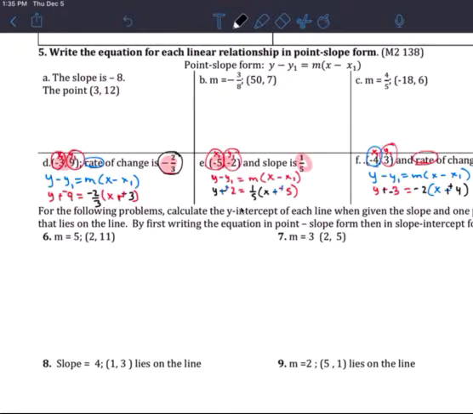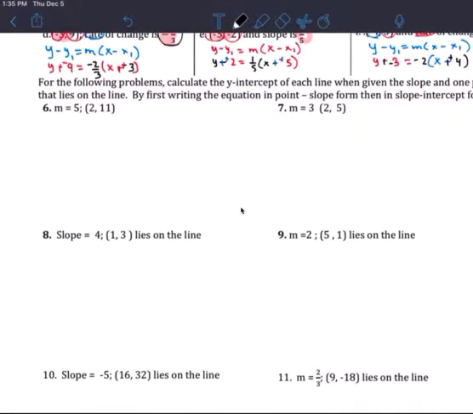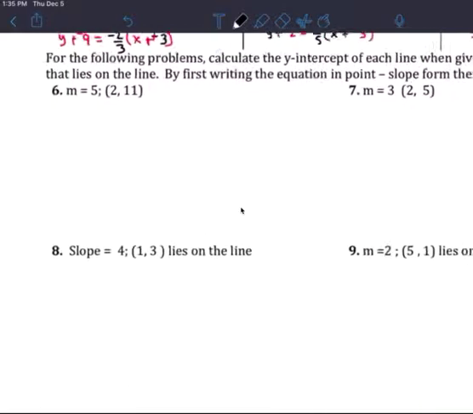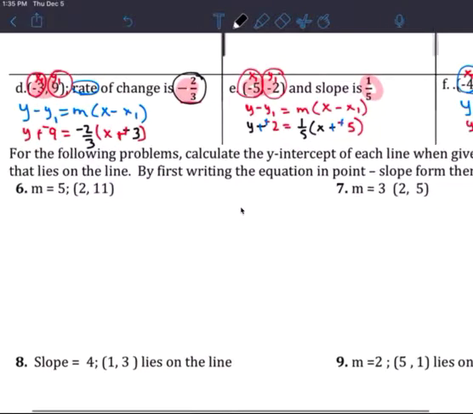All right, depending on which class you're in, I know every class I did number 11, so I'm not going to do number 11. So I'll do the rest because in a different class I did different problems. So number 6, start out with this is a point, this is a slope. So the point slope formula is y minus y sub 1 equals m parentheses x minus x sub 1.